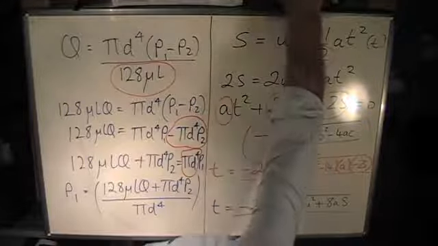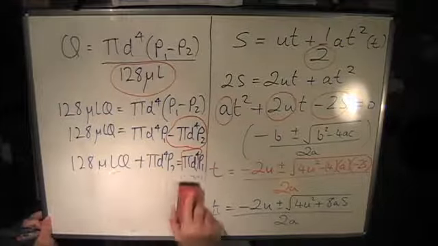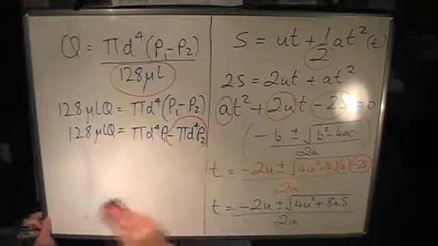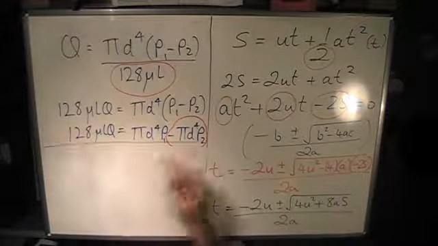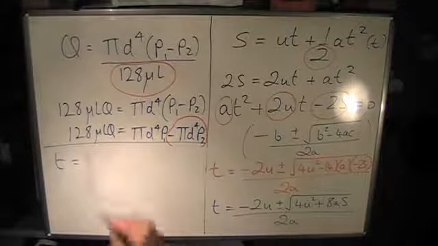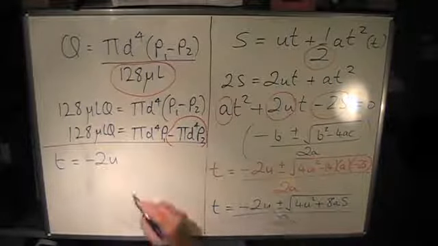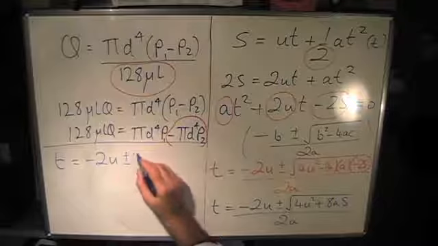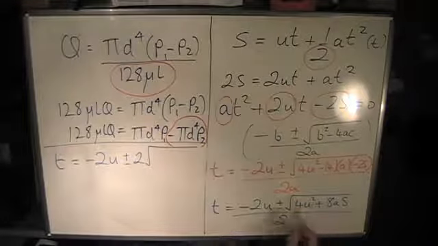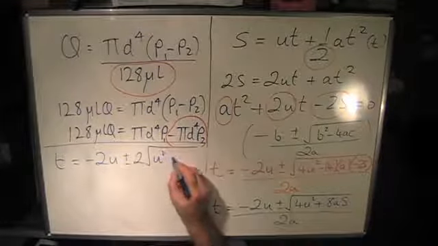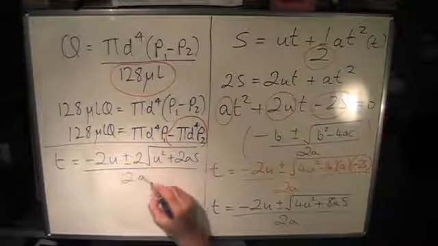So for the sake of writing this thing out again, I can write this as t equals minus 2u. Remember, I'm going to take a 4 outside as a factor, which then outside the square root sign becomes a 2, and then inside, once I've taken a 4 outside, that becomes u squared plus 2as, all divided by 2a.